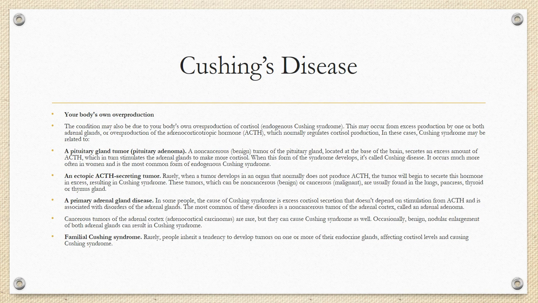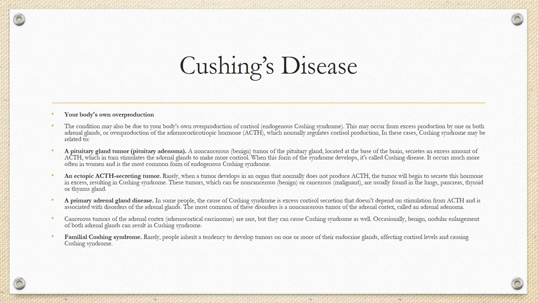And in these cases, Cushing's syndrome may be related to either a pituitary tumor, an ectopic ACTH-secreting tumor, or a primary adrenal gland disease, which is causing excess cortisol secretion that does not depend on stimulation from ACTH and is associated with disease of the adrenal glands.